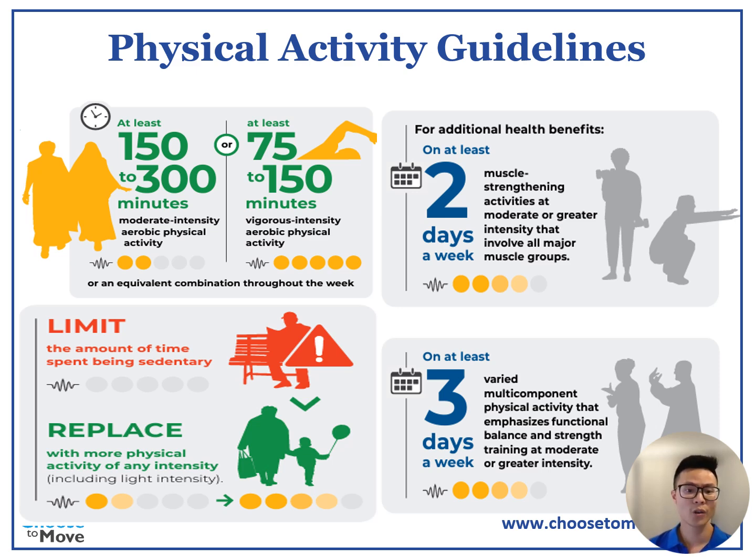The WHO also recommends that older adults perform at least 3 days a week of physical activities that emphasize a range of functional balance and strength components. And additionally, the WHO recommends that older adults should limit time spent sitting, or rather what they call sedentary behavior, and replace that sitting time with more physically active activities of any intensity where possible.